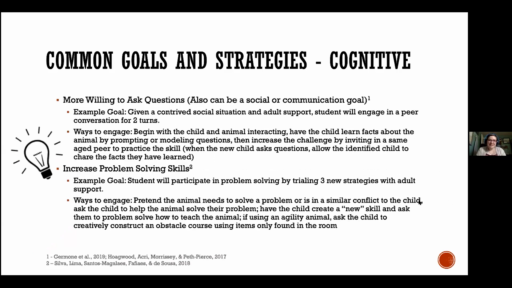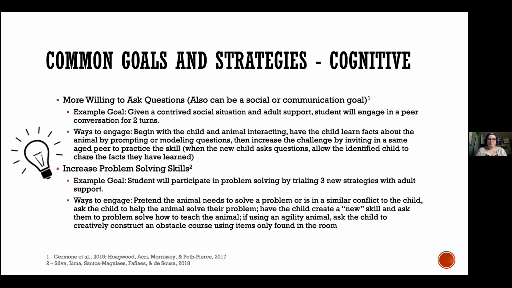Continuing with different cognitive goals, asking questions and problem solving skills are other ones that come up a lot. Sometimes asking questions will be part of the speech language pathologist's work with the child, but sometimes it could be the mental health professional. It really varies.